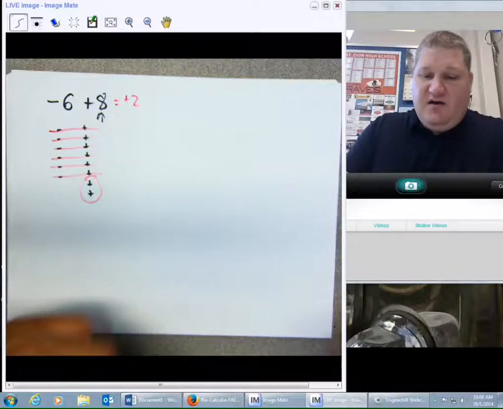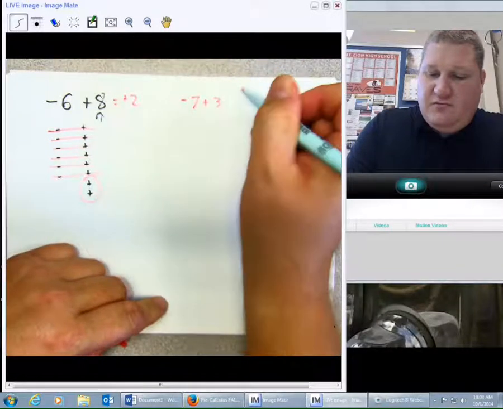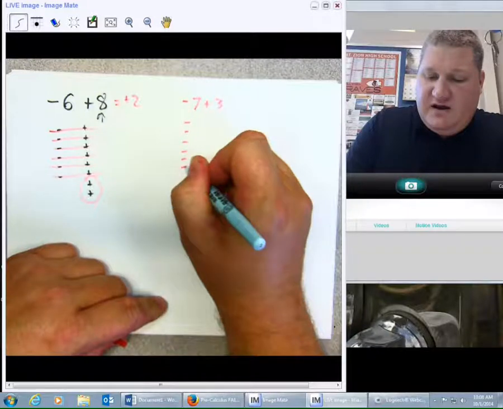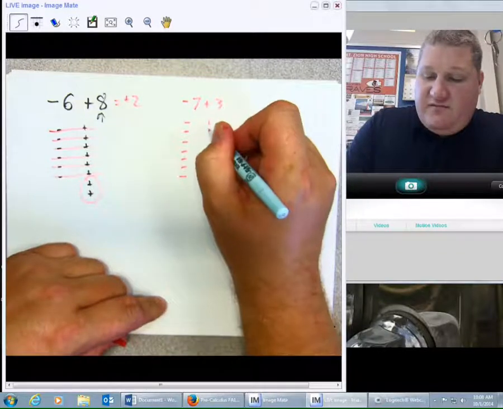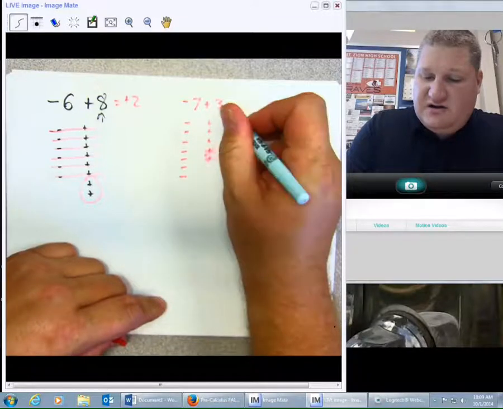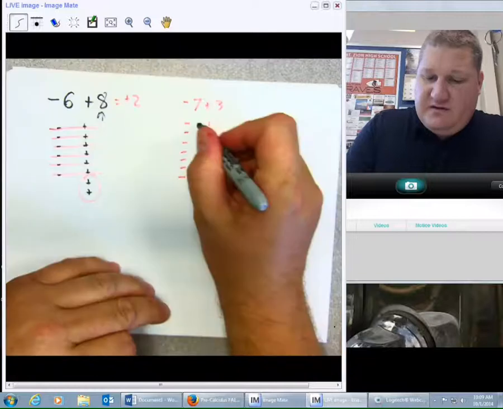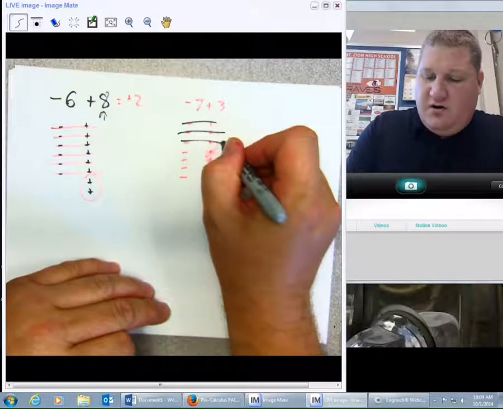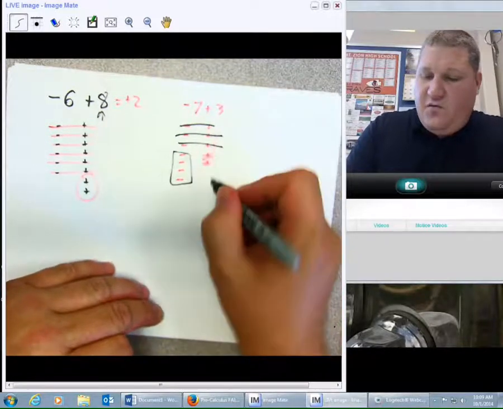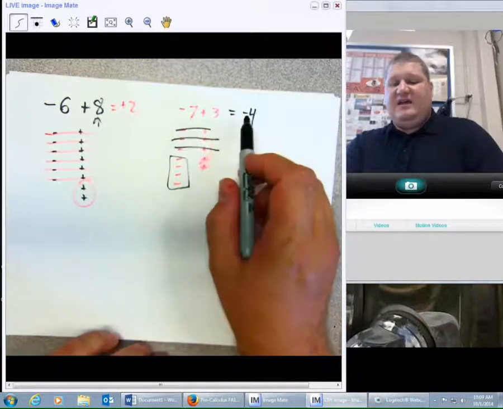If, on the other hand, I had negative 7 plus 3, negative, negative, negative, negative, negative, negative, negative, positive, positive, positive, whoop, too many, I just need 3 of them. And so I cancel out, gone, gone, gone, leaving 4 negatives because the bigger number was negative, the answer is going to be negative.